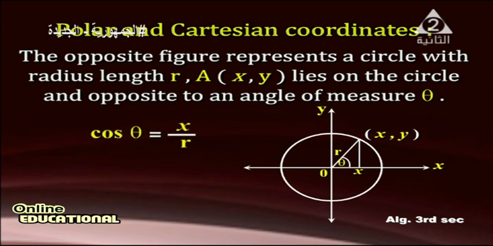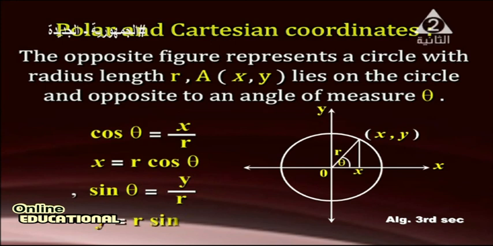Cosine theta equals what? x over r. Sin theta, we know, is y over r. Then we deduce that x equals r cosine theta by using cross multiplication, and y equals r sin theta.